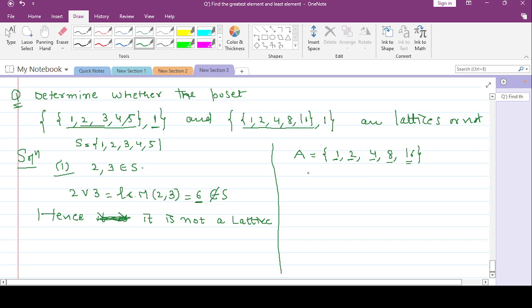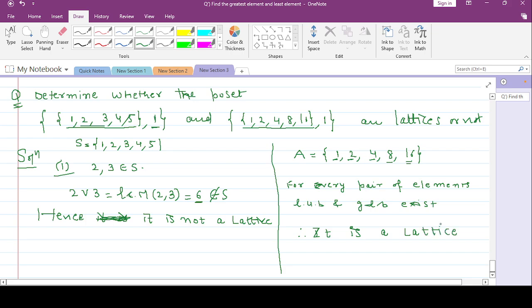So here we say that for every pair of elements, supremum, or you can say LUB, and GLB exist, therefore it is a lattice.